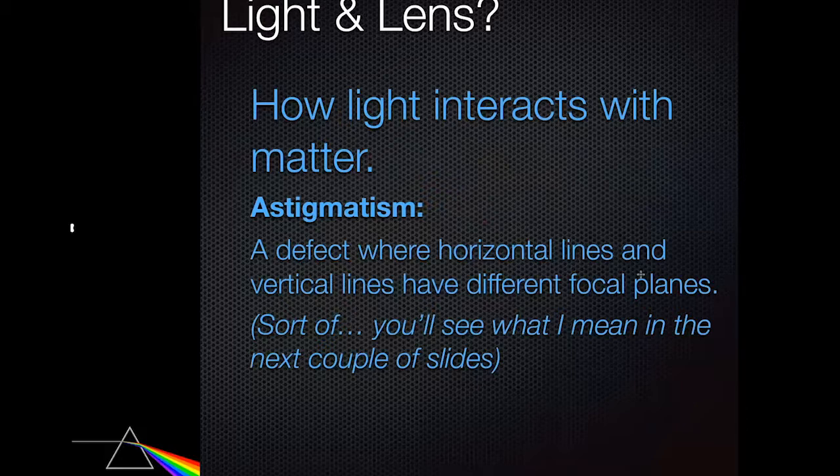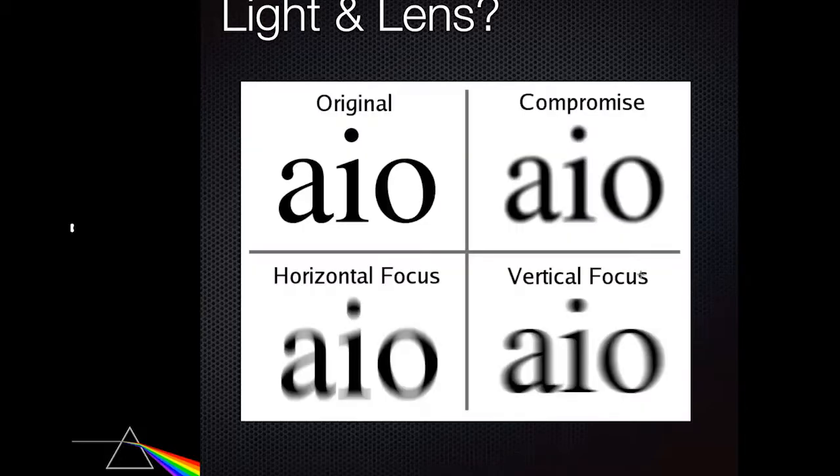So I said horizontal and vertical lines. Horizontal, vertical lines focusing differently, sort of. You'll see that it's more about the orientation of the lines. But anyways, let's just take a look at an example of what this means.